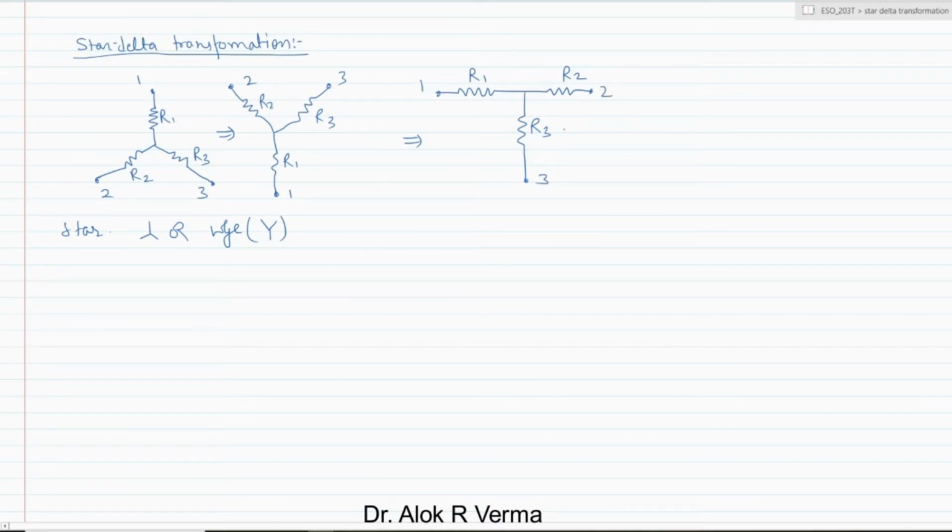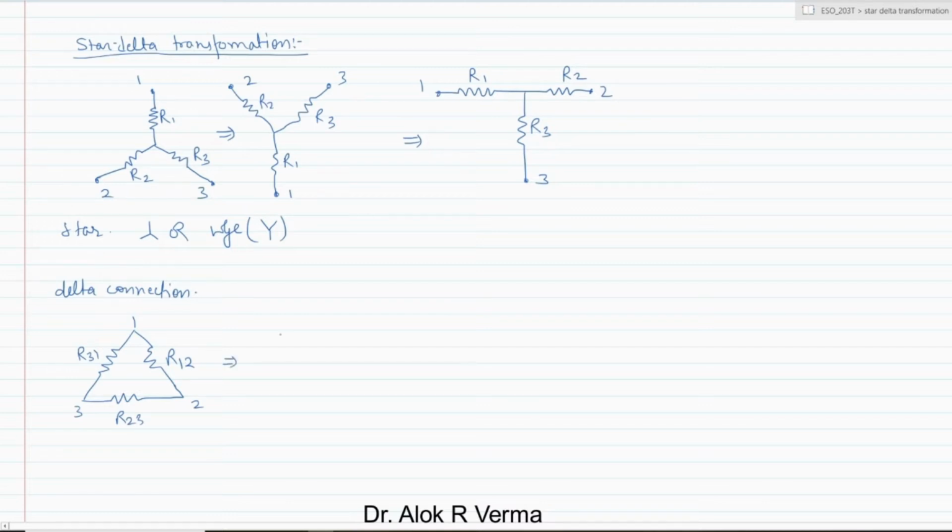Similarly, we have the delta connection. You form the delta. So R12, this is 1, this is 2, this is 3, R31, and R23.